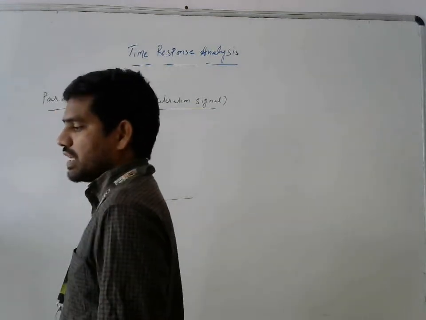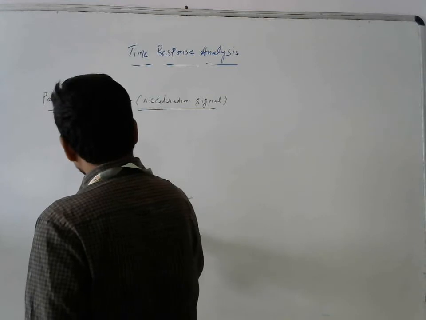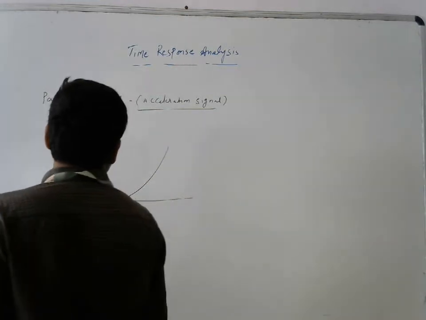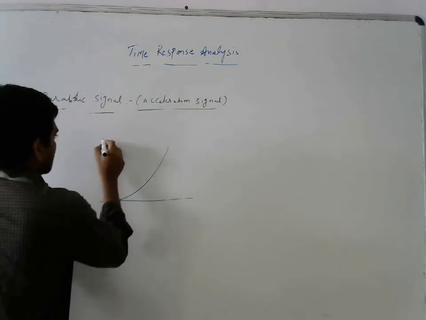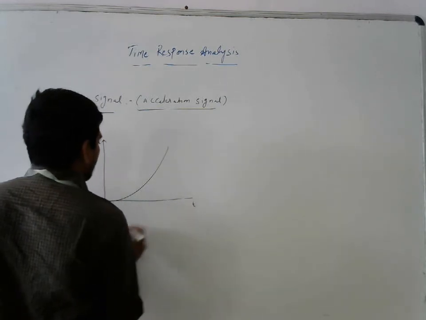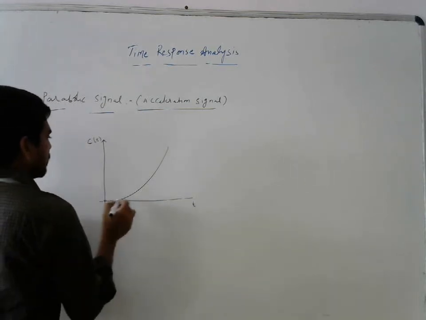How will it vary? It also varies like a parabola, that means as the square of the time. It will vary like this. This is our c of t, and this is the time t. That means this is how it varies.